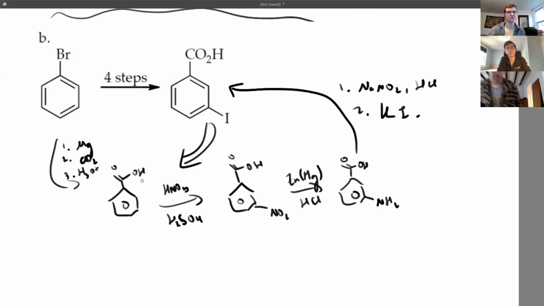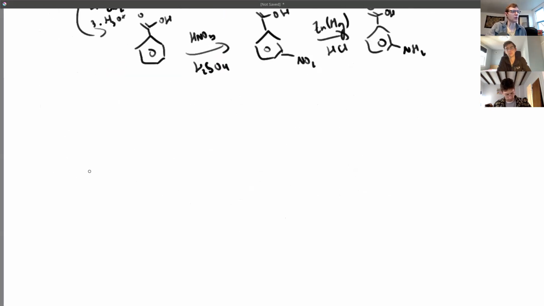Can you do I2 too, or just throwing I2 at a benzene ring? Is that it? I don't think so. I don't think iodine's reactive enough. Iodine's like the least reactive of the halogens, really. In general, we know that you need an acid catalyst to be able to do anything, right?